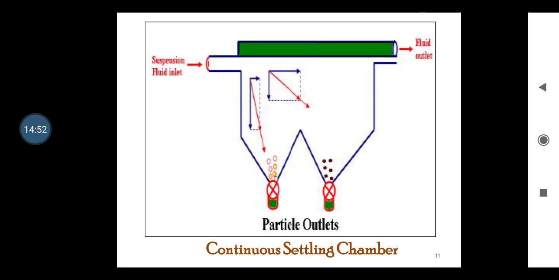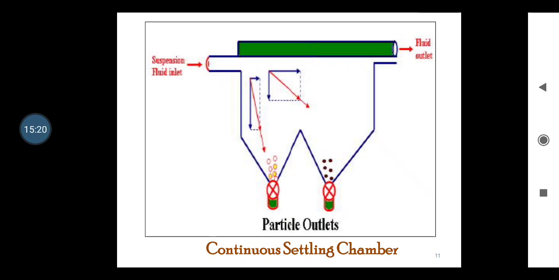We have seen the construction. As far as the working mechanism is concerned, if you focus on the diagram, the diagram depicts information which is quite easy to get. On the left side of this slide, there is a suspension fluid inlet.